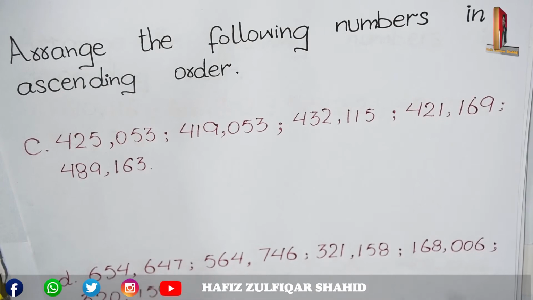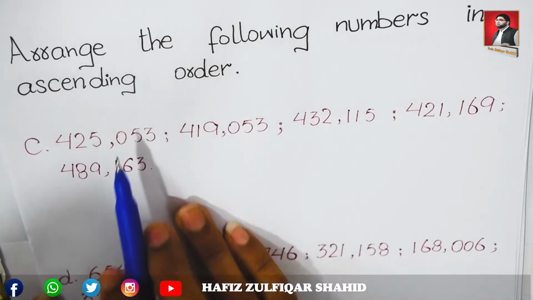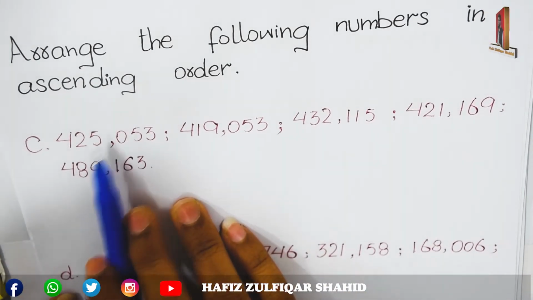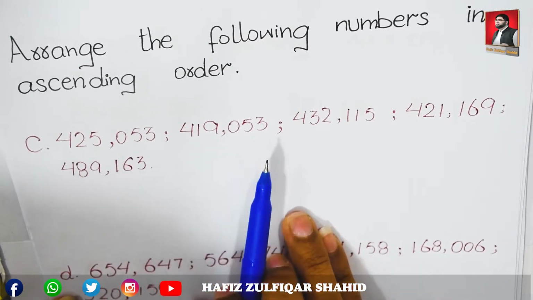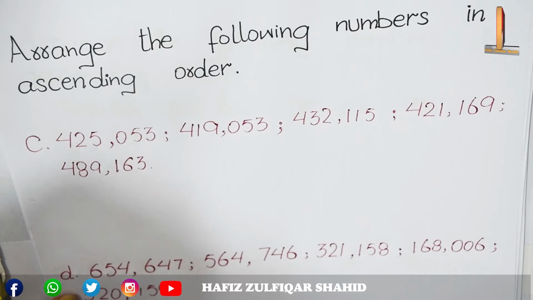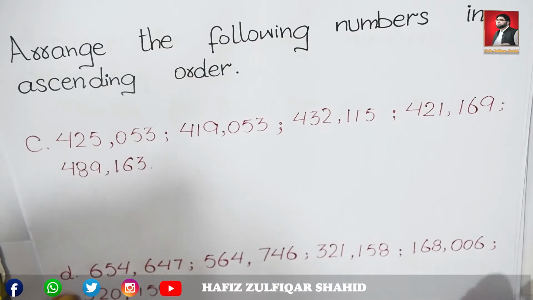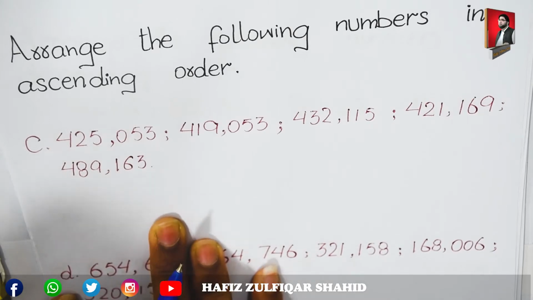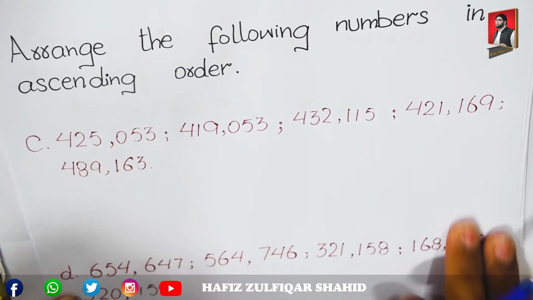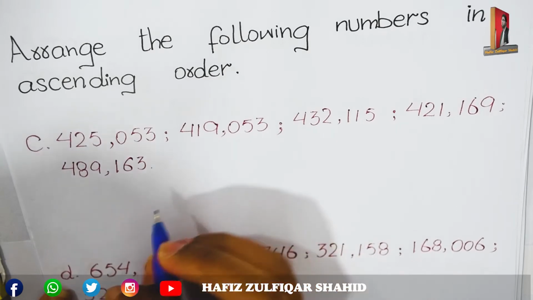When we order to compare different numbers, start comparing at the largest place value. And when we arrange them in ascending order, we need to arrange these numbers from the smallest to greatest. So first we will write the smallest number, then we will move to greatest.